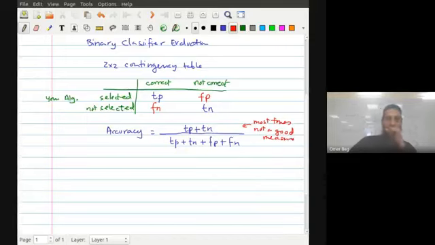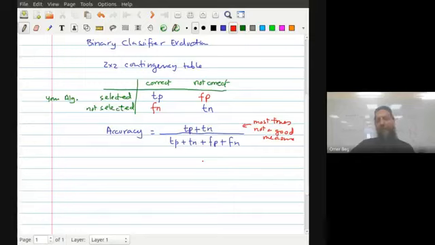For example, if the data set is skewed, say you have 200 million people in Pakistan, and the number of positive corona cases is 4,000. That's 0.0001.